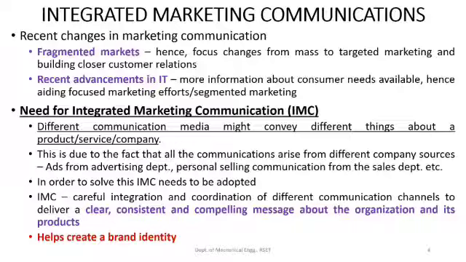The fragmentation of markets has resulted in the focus of companies changing from mass marketing to targeted marketing, where they develop products and services for individual target markets rather than developing a standardized product for the entire market. And this change from mass to targeted marketing was aimed at building closer customer relations.